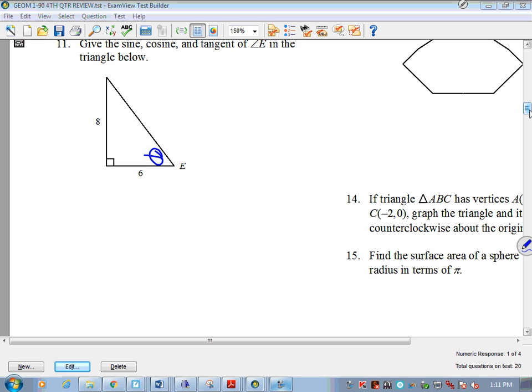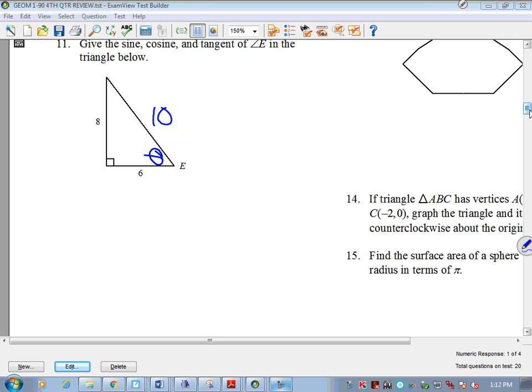Now, the nice thing about this is that it's based upon a Pythagorean triple. A Pythagorean triple is 3, 4, 5. If I divide everything by 2, do I still get 3, 4, 5? 6 divided by 2 is 3. 8 divided by 2 is 4. So what's 5 times 2? 10. So I should get 10 here.